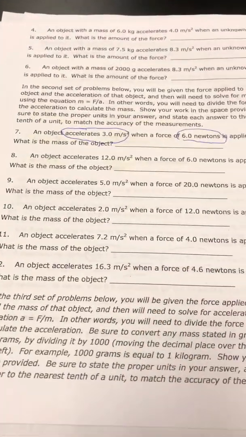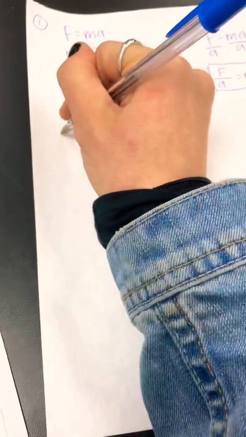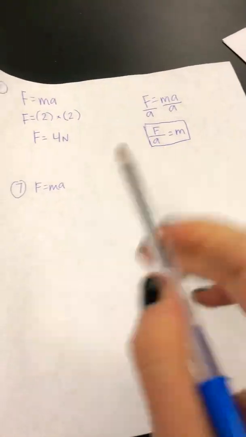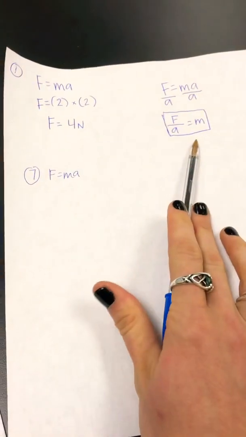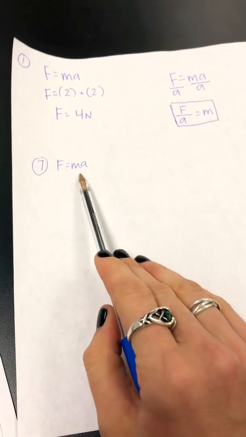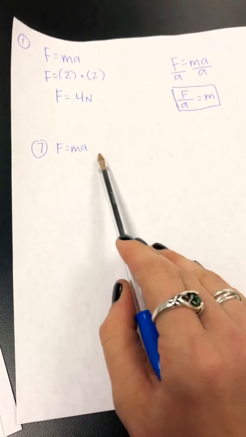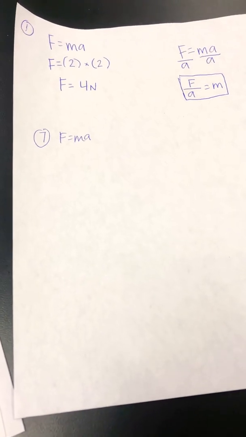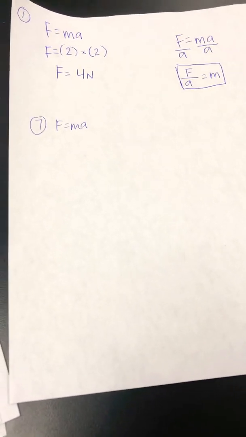What is the mass of the object? So this is number 7. I'm going to write my equation, force equals mass times acceleration. Or if you want, you can start it like this. For the purpose of this, because we're just starting, I want you guys to just write force equals mass times acceleration and then plug in your variables, and then you'll know what operations to do.